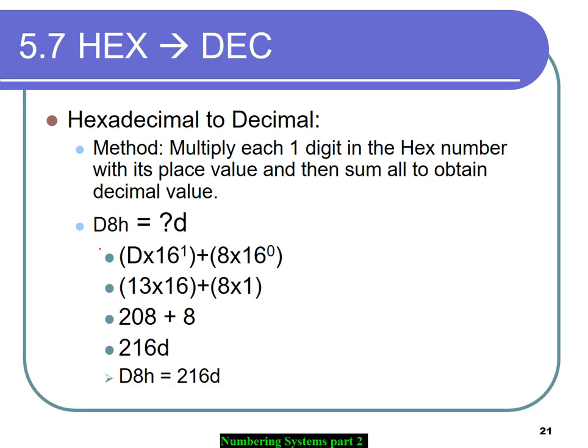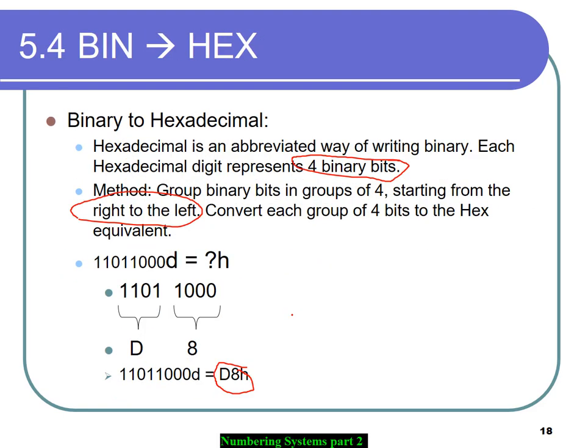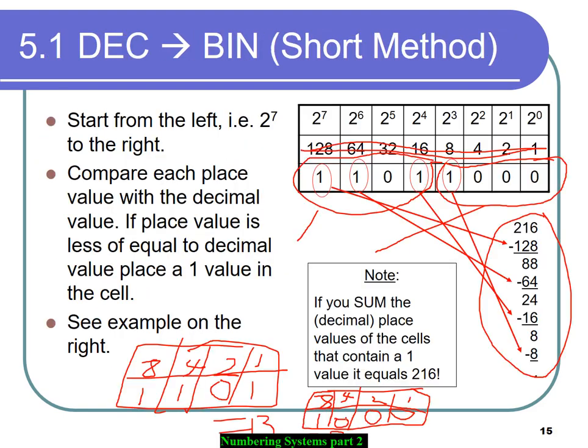So I then have to use this table here. As I said, the notation is 16 to the power of 0 and 16 to the power of 1. So you put your 13 and your 8, which we got previously.